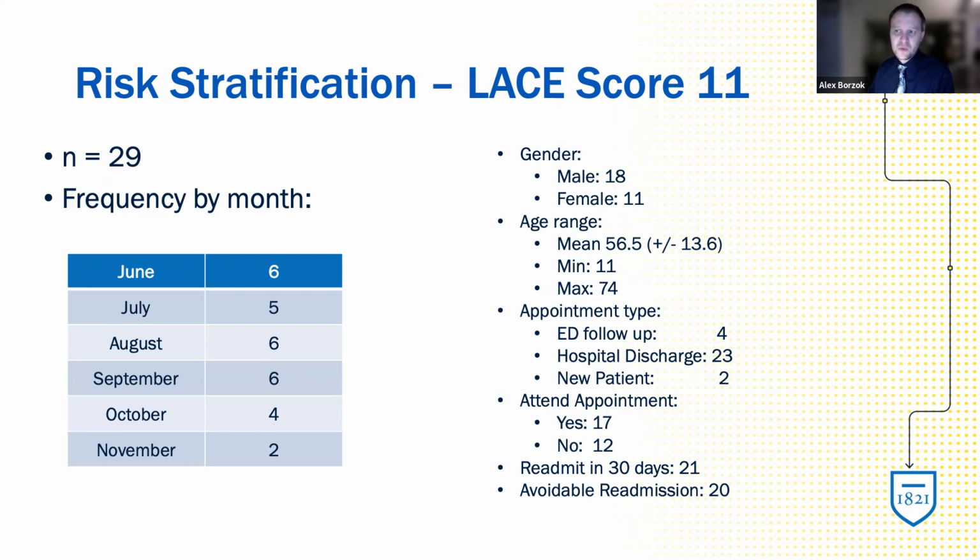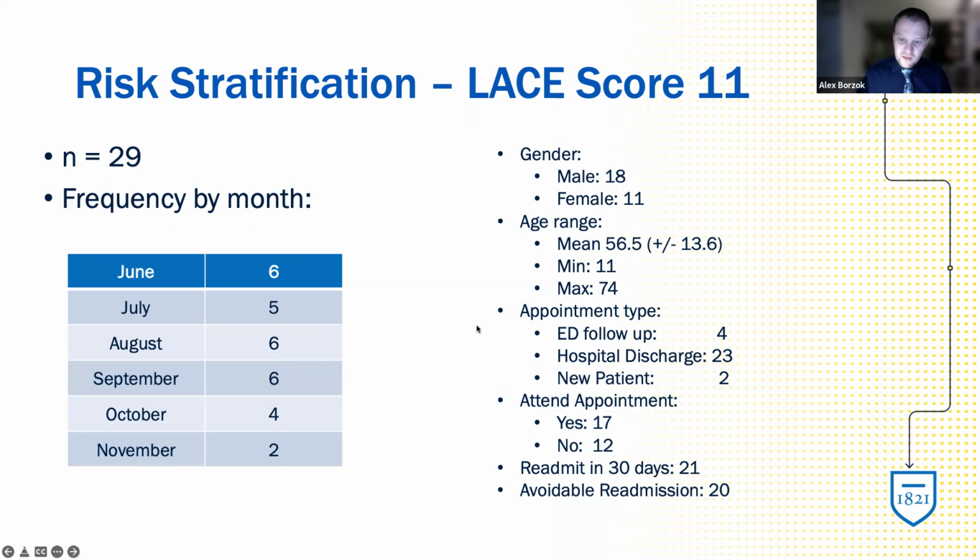This is really important to note because the literature demonstrates that the LACE score is sensitive and specific to predicting pediatric patients' readmission risk. And this confirms it, in that we do have pediatric patients who were readmitted within 30 days with this LACE score.